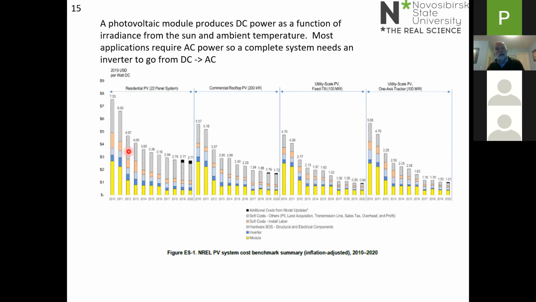The benefits of increasing the scale go mainly into the auxiliary costs of the labour that you have to hire to install it and what they call the other soft costs. But apart from that, PV is pretty flat in terms of the cost per unit of power produced as a function of the size of the system. And that's one of the reasons why there's so many rooftop solar systems around the world.